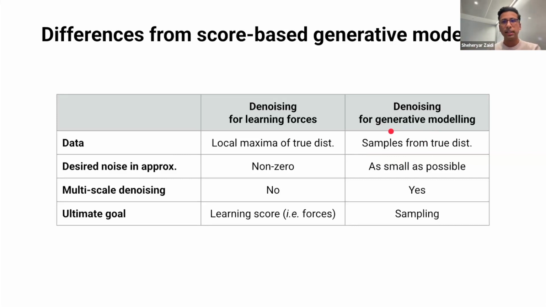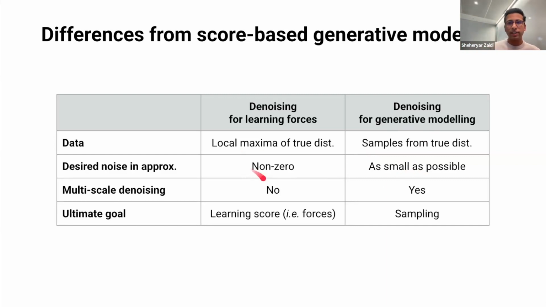Another thing is that because you have actual samples, in generative modeling you want as small noise as possible, which is what's discussed in the paper by Song and Ermon, that you want a small noise value, but you need to take a multi-scale denoising approach in order to approximate the score function away from the data distribution, right?